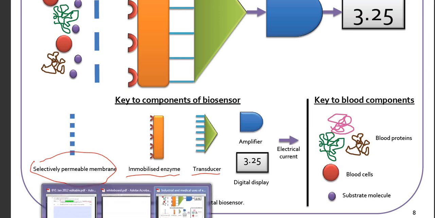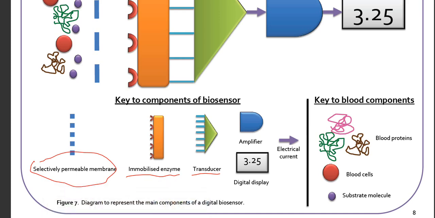Remember the transducer will absorb the products from the immobilized enzyme, and it'll convert that product, which is a biological molecule, into an electrical signal. That's very important to explain in exams, that this transducer can convert a biological signal into an electrical one.